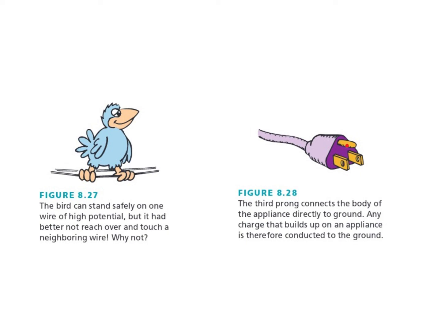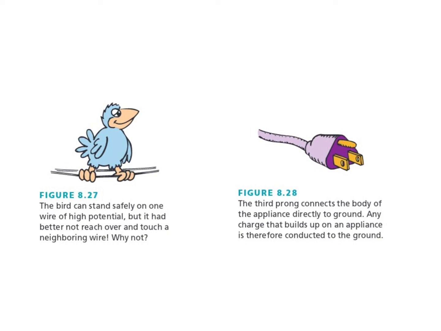But a lot of plugs have a third prong, and that's the grounding plug. And literally in your house, somewhere there's a pipe with a wire that's hooked up to your electrical system that's buried in the ground. That's why they call it a ground wire. And what happens, if there's an excess of electrical charge built up, this third prong takes it to the ground.